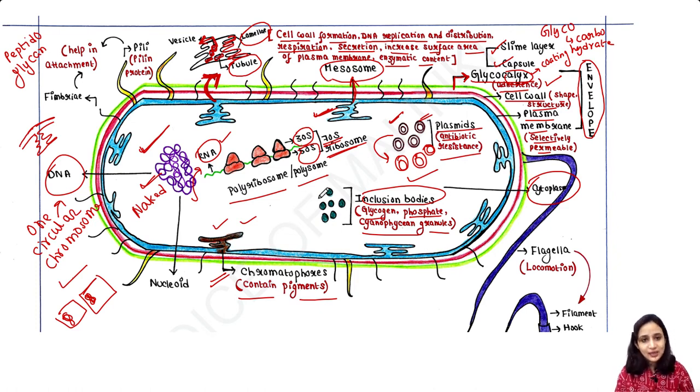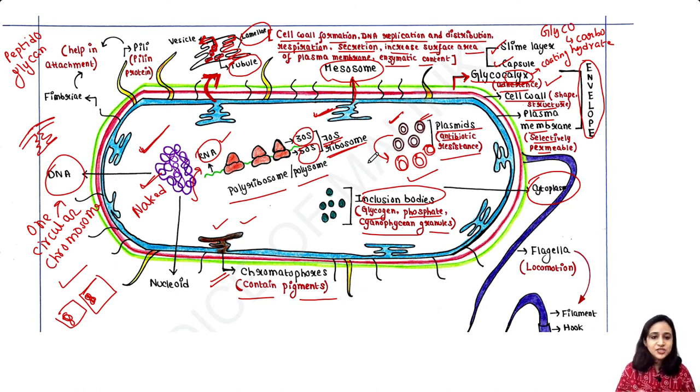They store glycogen, phosphate, and cyanophycean granules, and these are called inclusion bodies. These are not membrane bound; they stay freely in the cytosol. And one more thing is absent in bacteria: the centrosome. The centrosome is also an organelle without any membrane, and it is present in the eukaryotic cell. But in the bacterial cell, you will not get any centrosome.